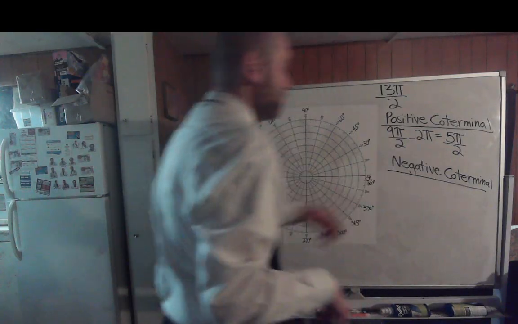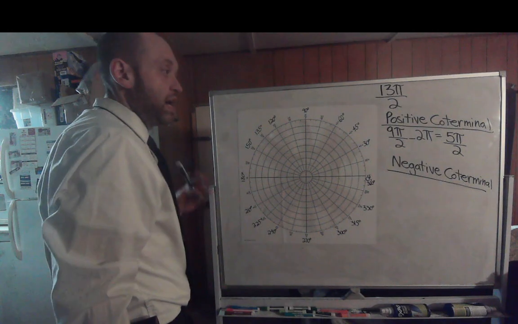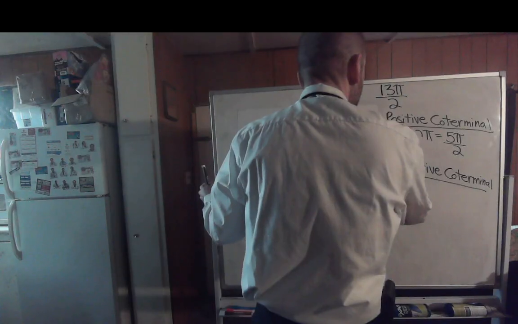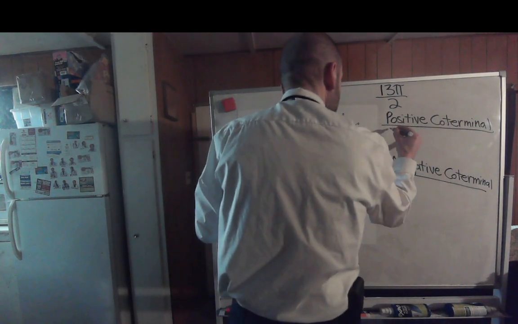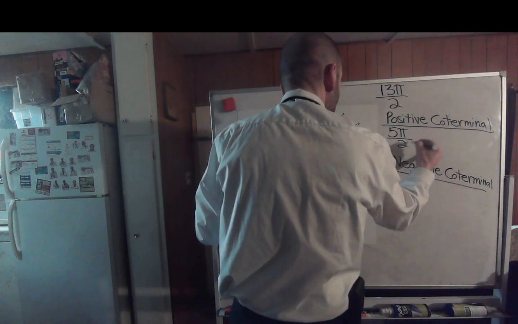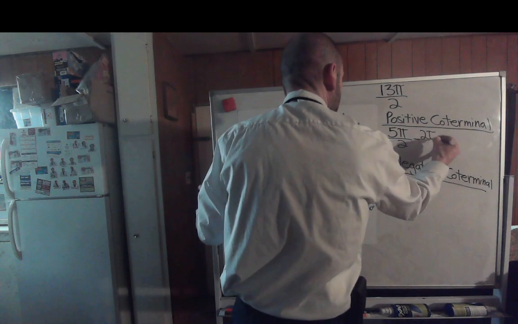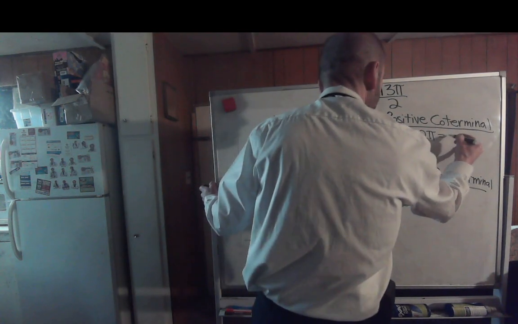But again, I would like to get it under 2 pi, if at all possible. And 2 pi is the equivalent of 360, just in radian form. So let's take 5 pi over 2 minus 2 pi. Well, that's the same as 5 pi over 2 minus 4 pi over 2. That would just give me pi over 2.